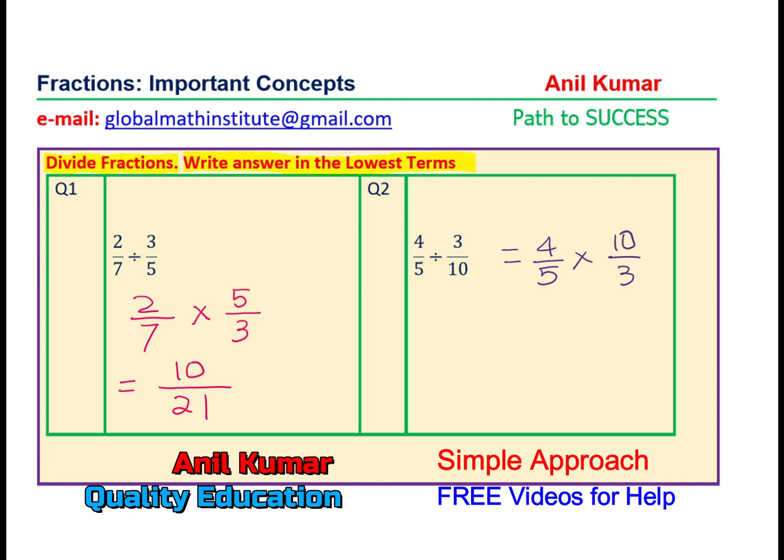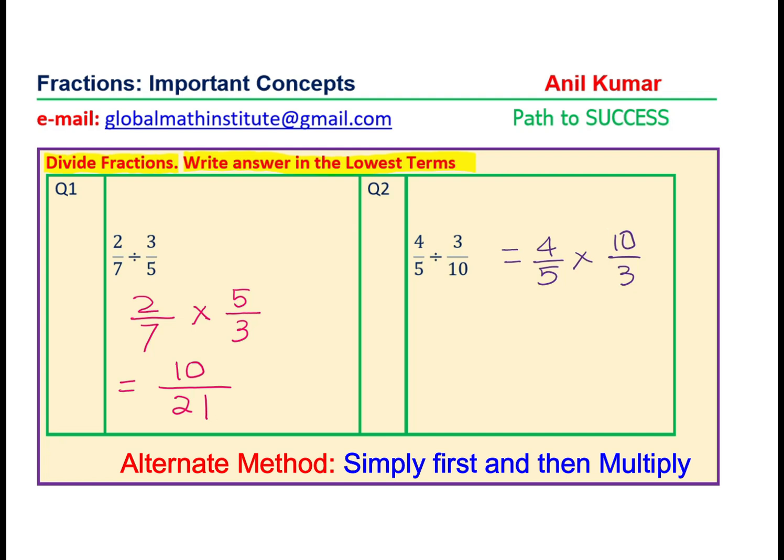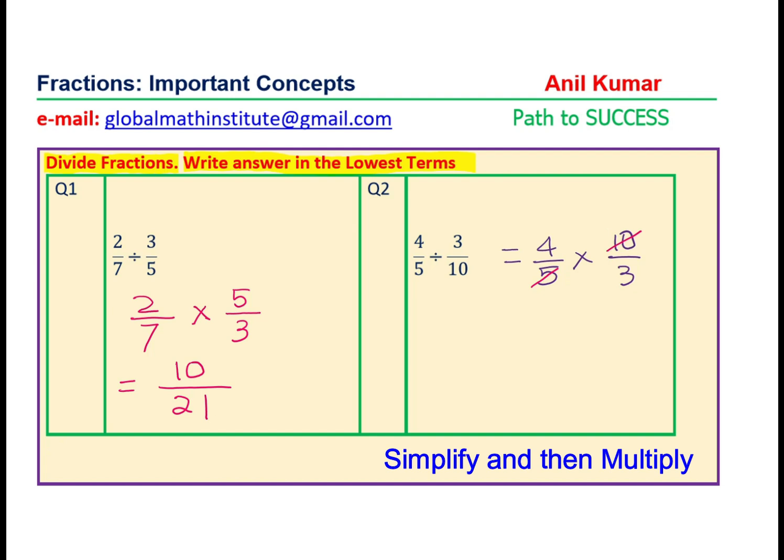Now, in this particular case, you can clearly see that we have 10 in the numerator and we have 5 in the denominator. So we have a common factor of 5, meaning 5 times 1 and 5 times 2 can be utilized. 5 times 1 is 5, 5 times 2 is 10. So we have simplified first.